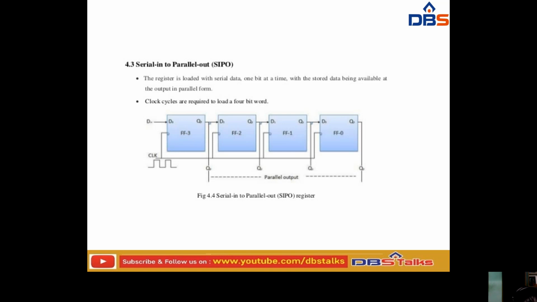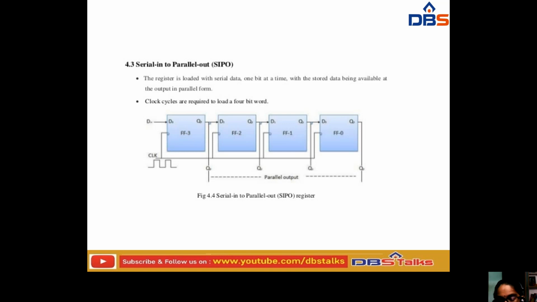So if some data is being sent by a user, the data should be sent in serial, and the output should be received in a parallel way. That means first of all you have to send the data in a serial way, one after another, such that it is going to take some time.